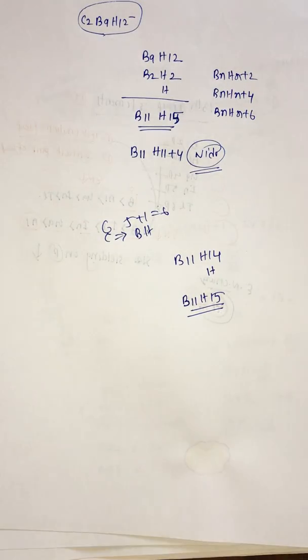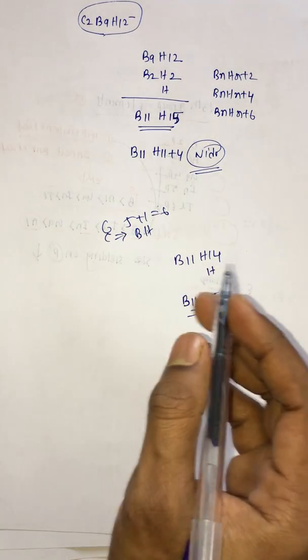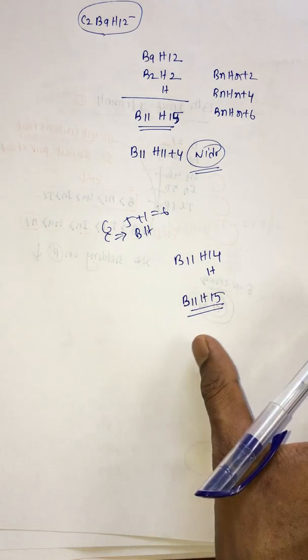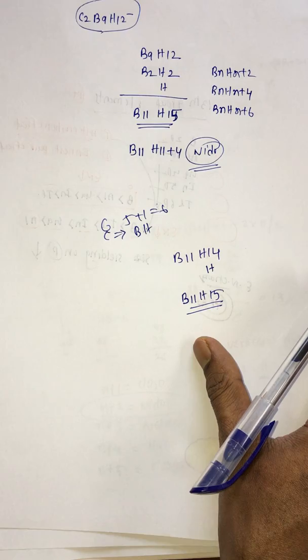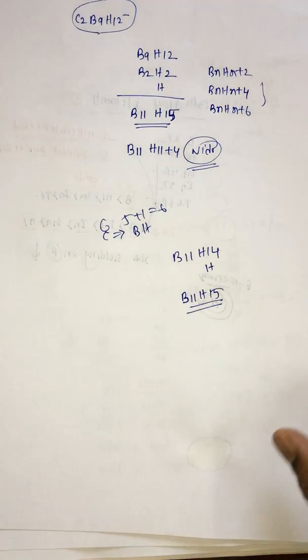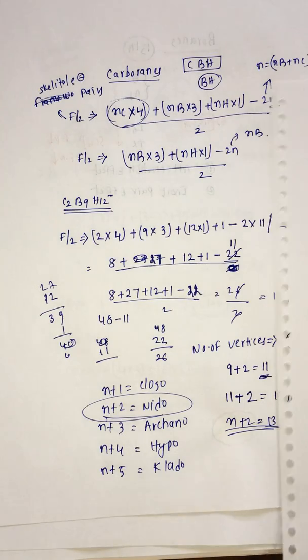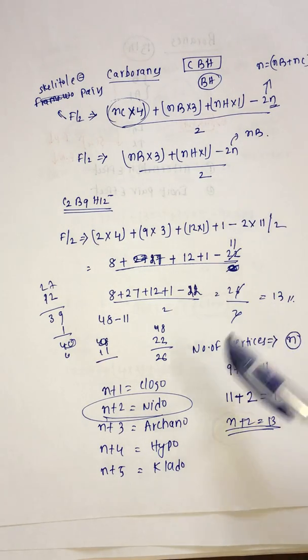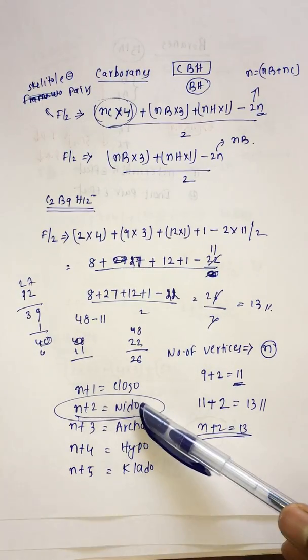Okay, I think for some carboranes this method is not acceptable. I am not sure, because earlier I have faced problems when I applied this method for carboranes. You just follow Wade's rule. First calculate the number of framework skeletal electron pairs, then you just remember these things, so it will be easy.